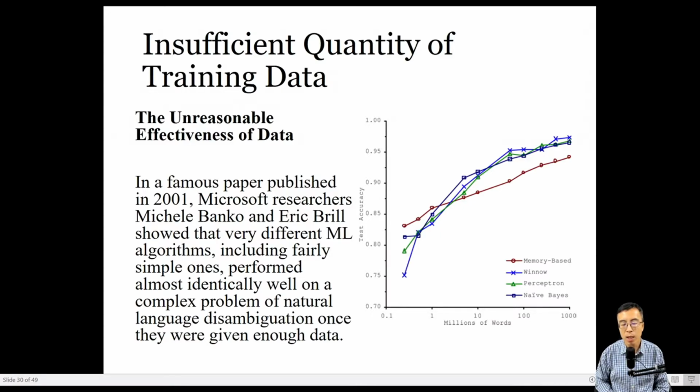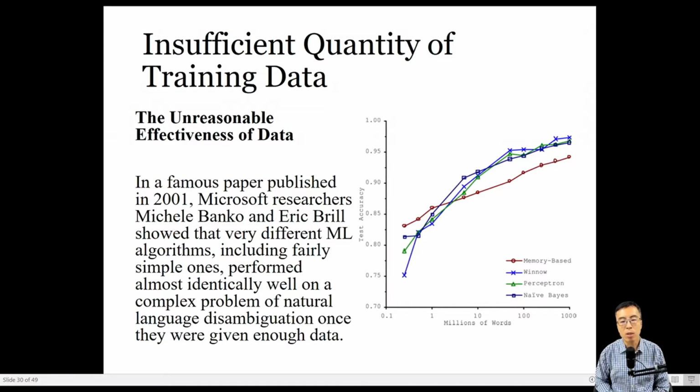Now, if we provide a small amount of data, then we do see a large discrepancy between the 4 different algorithms denoted as memory-based, Winnow, perceptron, and naive Bayes. But as we provide more and more data, all the 4 models' performances tend to improve significantly. And except for the memory-based, which is the most naive and simple type of model, all the other 3 models performed relatively equally well when we were given millions of words as the input.